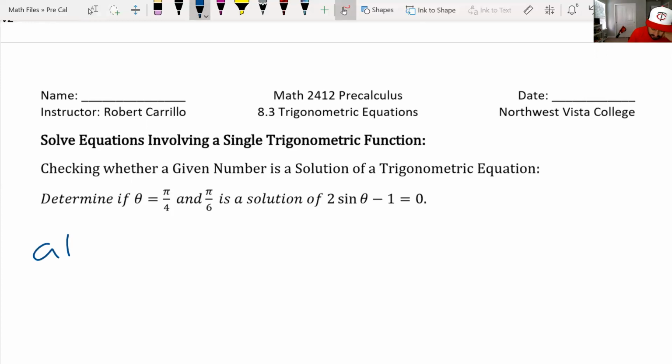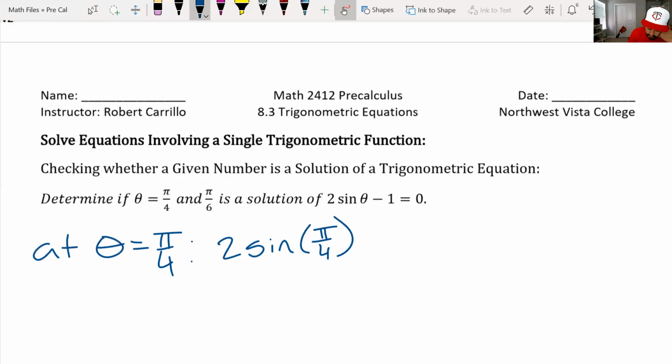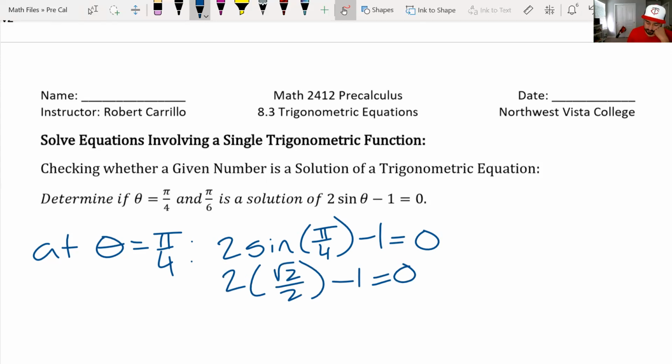Let's say at theta equals pi over 4, you get 2 sine of pi over 4 minus 1 equal to 0. Sine at pi over 4, make sure you have your unit circle out. Sine at pi over 4 is square root 2 over 2, minus 1 equal to 0.